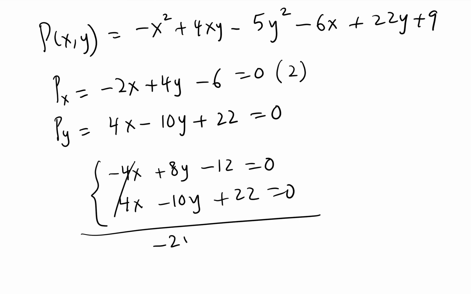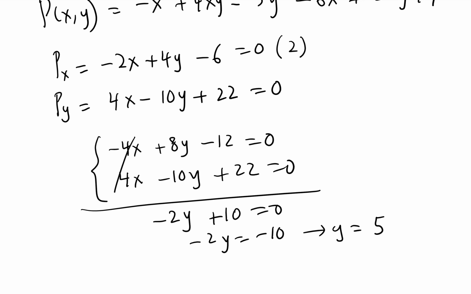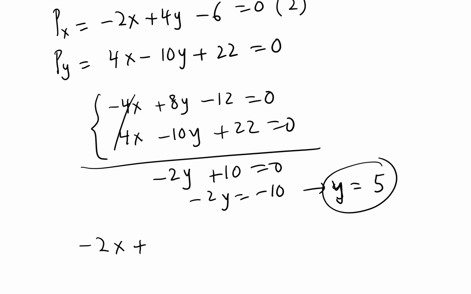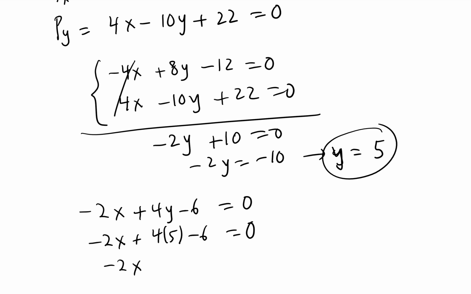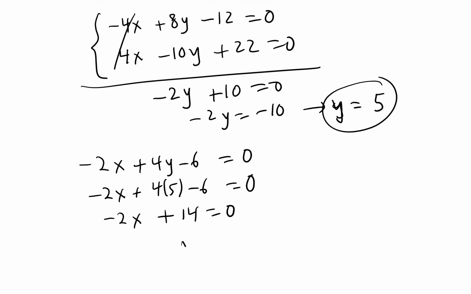This eliminates the x. Negative 2y plus 10 equals 0. And solve for y. y is 5. Maybe I can substitute in the first equation. Negative 2x plus 4y minus 6 equals 0. Substitute the y, 5. Negative 2x plus 20 minus 6 is 14. Solve for x. x is 7. So we got x and y. That's called the critical point.